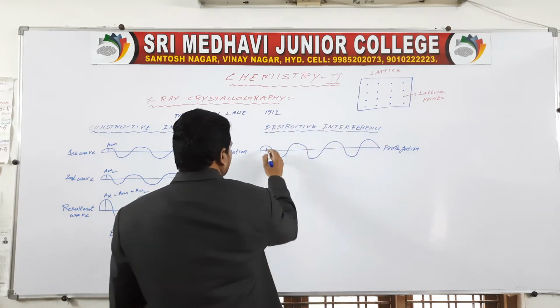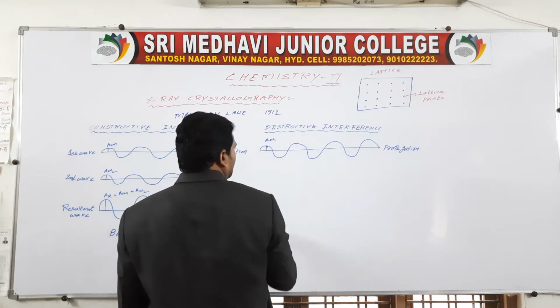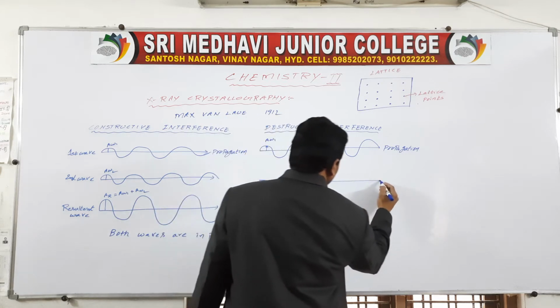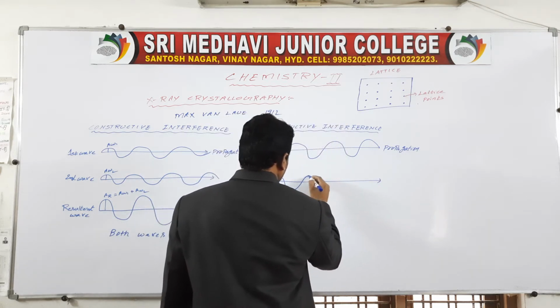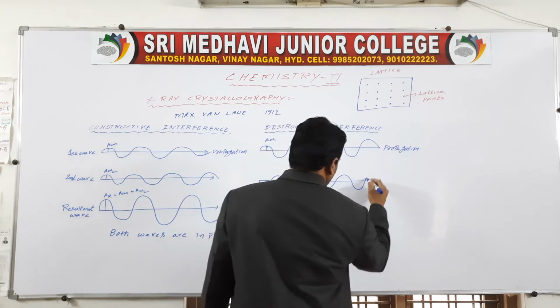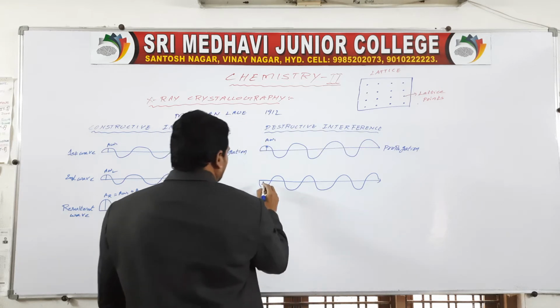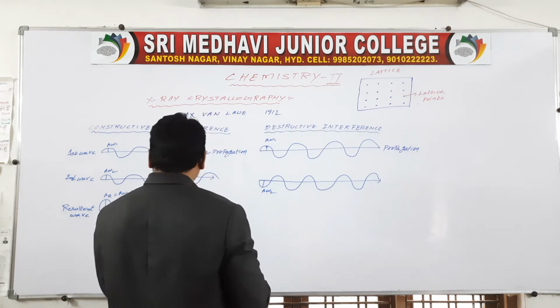This is AW1, amplitude of wave 1. Next, one more wave I am taking, like this. It is also propagation, the amplitude of wave 2.